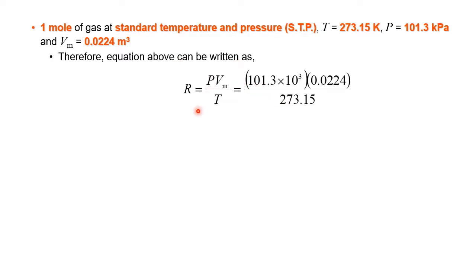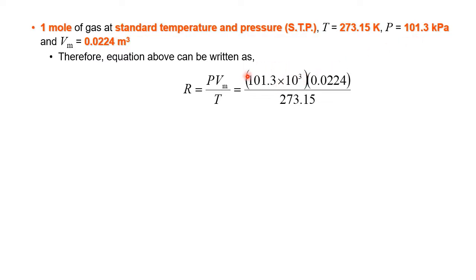So the equation above, okay, that's mean the equation PV over T just now, okay, so R equals PV over T, okay, so we can calculate R, okay, substitute P, where P is 1 atm, okay, but pressure should be in unit Pascal, so 1 atm equivalent to 101.3 kilopascal, or 1.013 times 10 to the power of 5 Pascal.